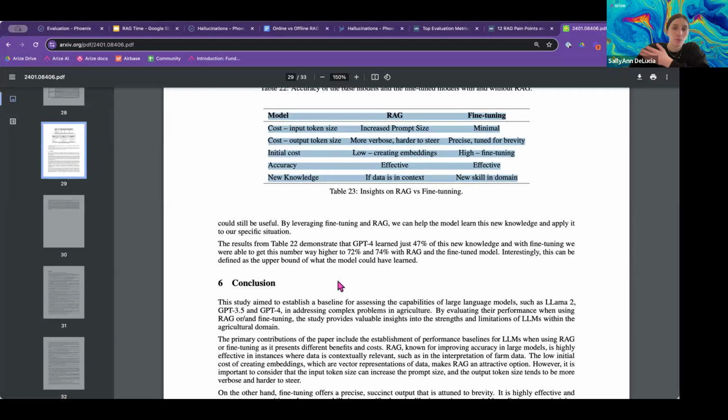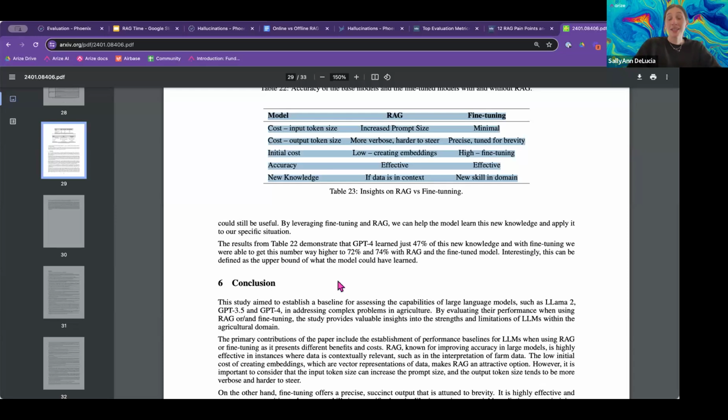And then for fine tuning, they say it's precise output, going back to what I said in the beginning about fine tuning being for the style of an LLM's output. And it's effective for specific tasks, but it does have a high cost. So all the stuff at the end, I don't feel like it was really anything new. It was a reiteration of what we already know about these tasks.